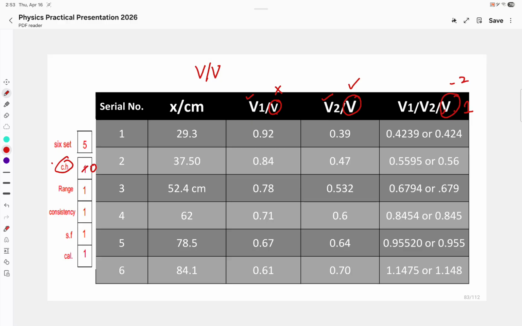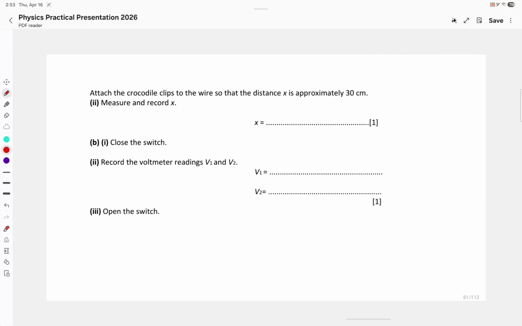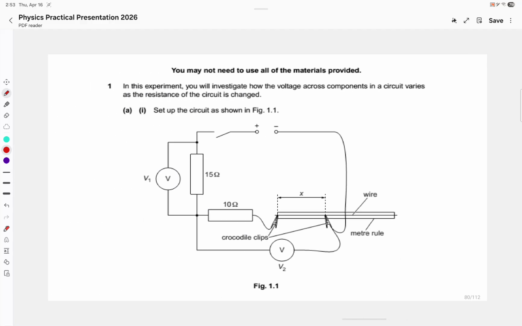Okay. Now, range factor. If you look at a diagram, on a meter ruler, you have to put this connector somewhere which is supposed to be initially 30, and then you have to figure it out. If I place the connector head at, let's say, 25, 18, 45, 65, 85, something like that, how can I have respective changes in the values of V1 and V2, right?